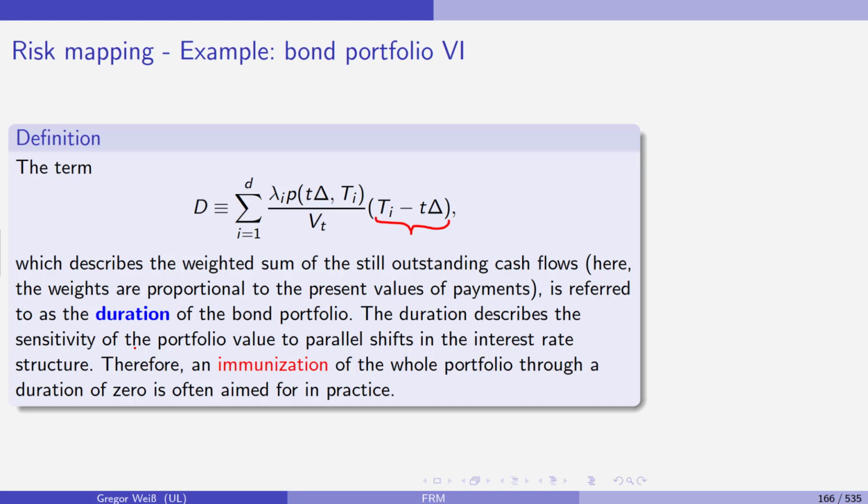And the duration describes the sensitivity of the portfolio value to parallel shifts in the yield curve. And thus, if you want to hedge your whole portfolio against any changes in the interest rate, in the yield curve, you would try to get a duration of 0.